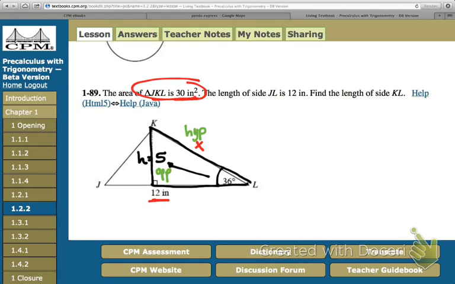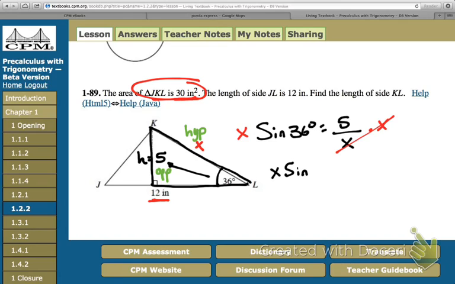So now we can go ahead and write sine 36 is equal to our opposite side 5 over x, and multiply each side by x. These cancel. I have x sine of 36 equals 5.